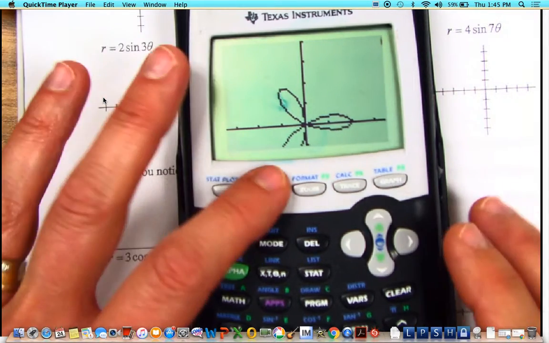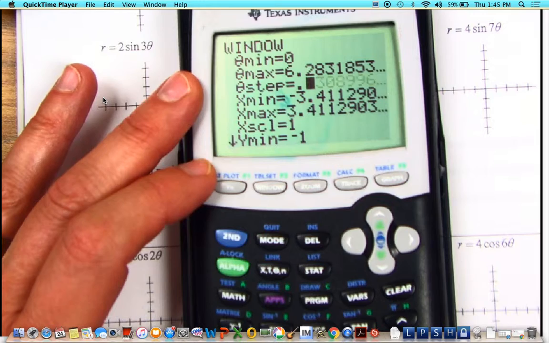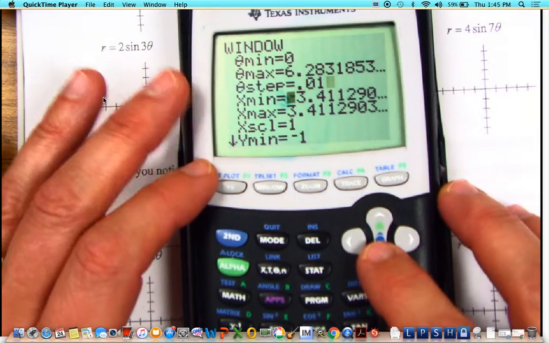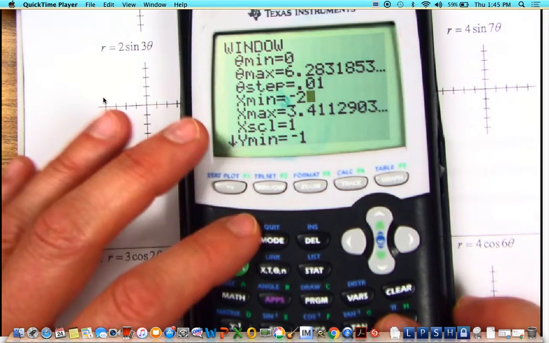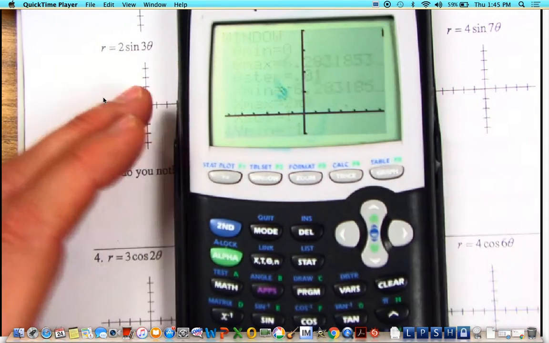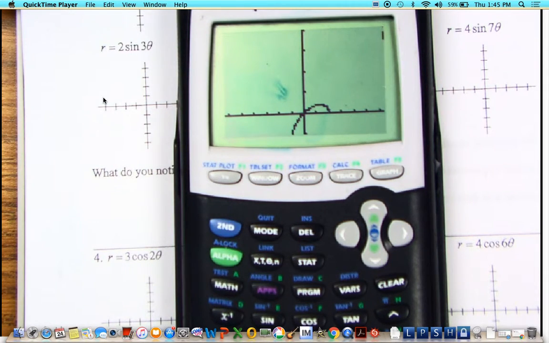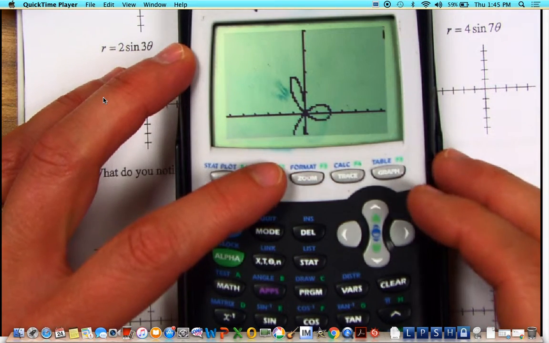And let me change this window a little bit. I thought I changed my window well enough, but I didn't. I was able to really slow it down this time. So what do you have here? Do you remember what this is called?